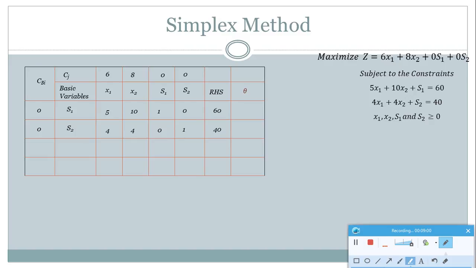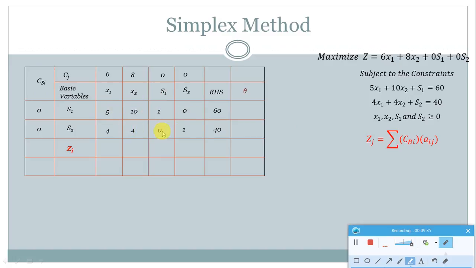So once the representation of all the data in the simplex table is done, the next task is calculation of the values of Zj. So Zj are calculated by the formula summation of CBI into AIJ. CBI represents the coefficients of basic variables multiplied by AIJ, which represents these values.